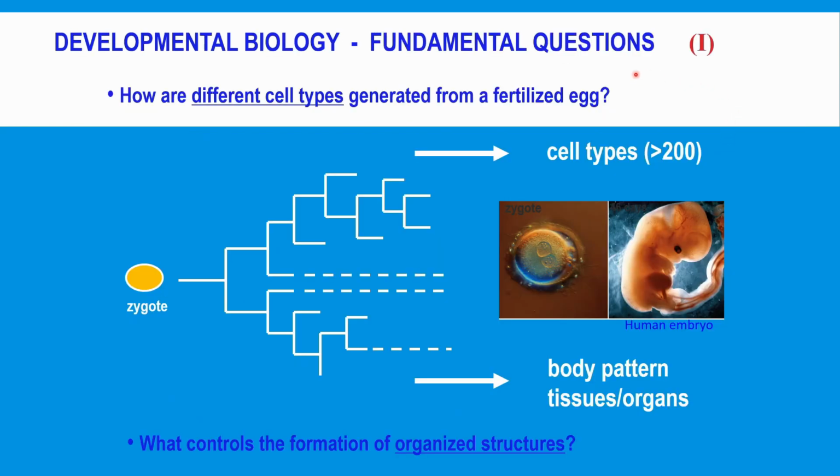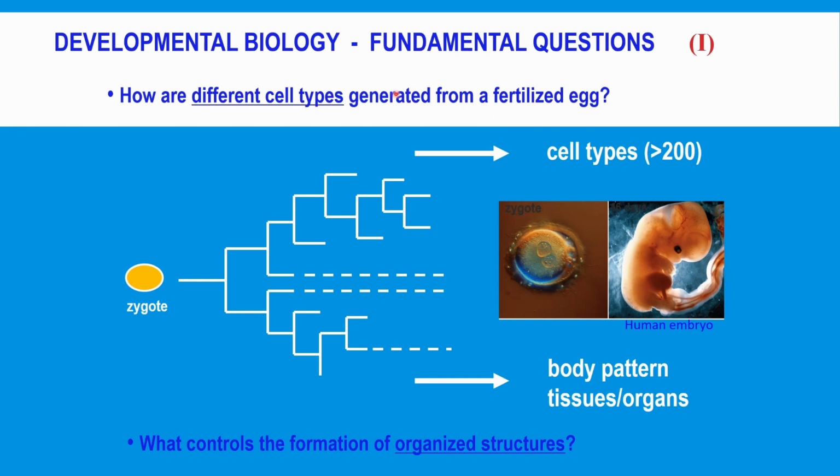So what are some of the fundamental questions that have driven the field of developmental biology? I guess the largest and most obvious one is how does an adult come about? How are they formed? But we can break that question down into several sub-questions from what we know now.